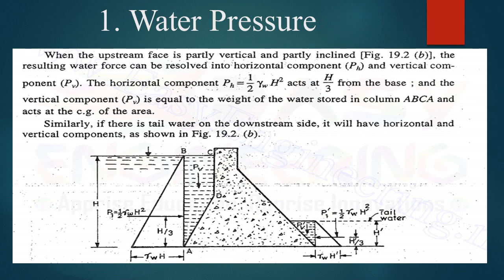The vertical component will be calculated in the same manner, as the area of that part acting at its CG. For the horizontal component, if the height of this triangle is h dash, the CG distance will be h dash by 3, and the pressure is gamma w h dash, so our horizontal force component will act at h dash by 3 distance and will be half gamma w h dash square.